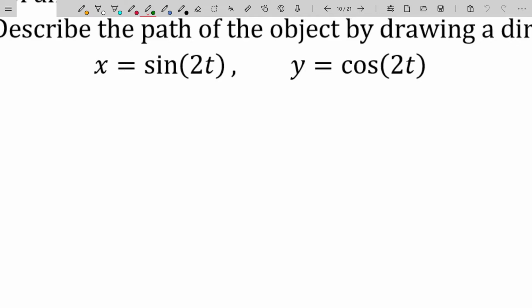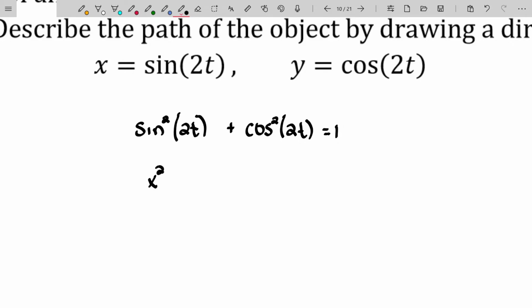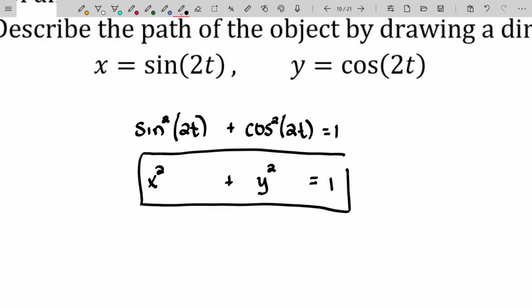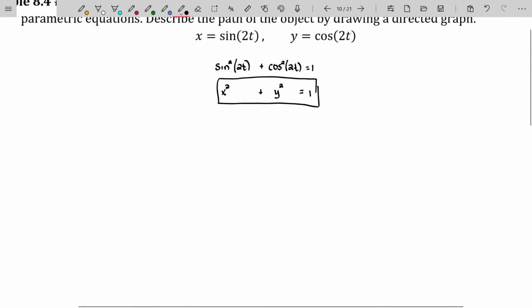And in this case, we have one very special trig identity, which is that the sine squared of an angle, specifically 2t, plus the cosine squared of the same angle should equal 1. That is, if we take x and square it, and we take y and square it, it should be 1. And that will be our equation that we graph. A very, very nice equation here.